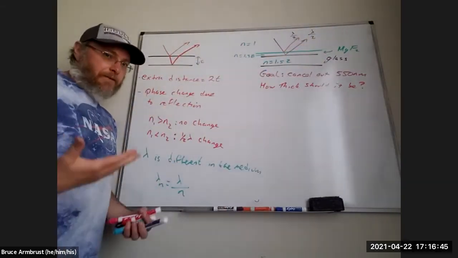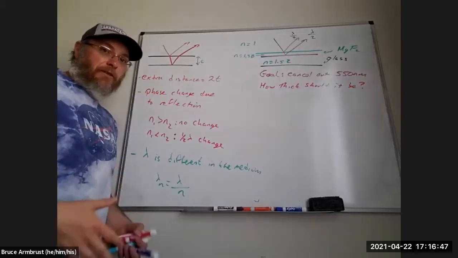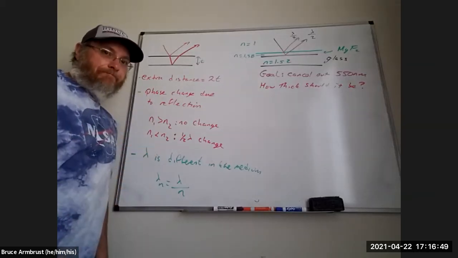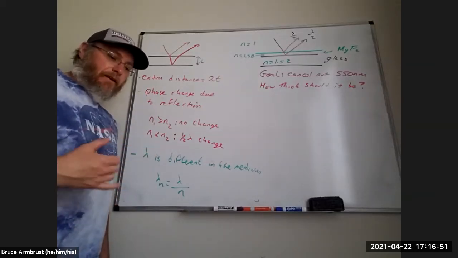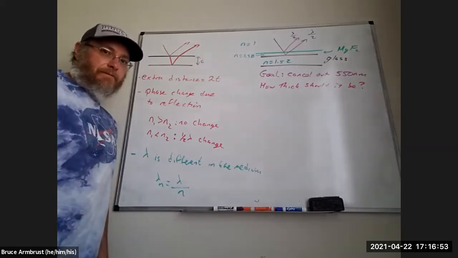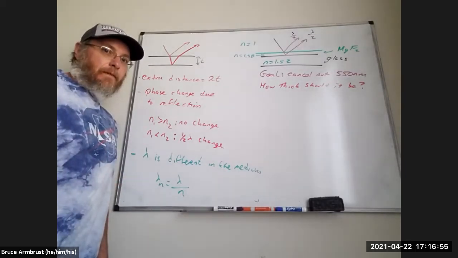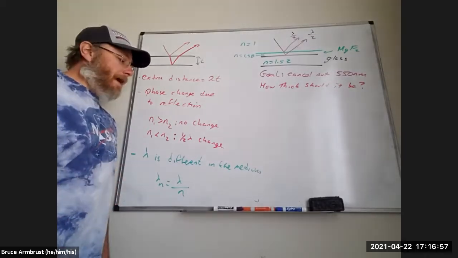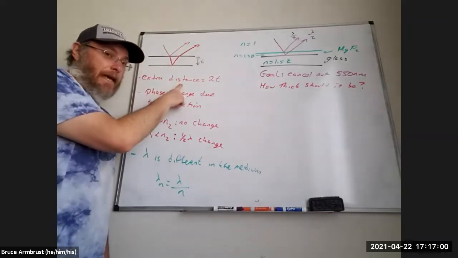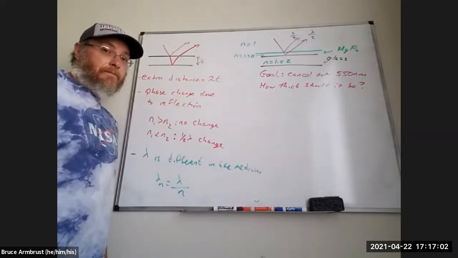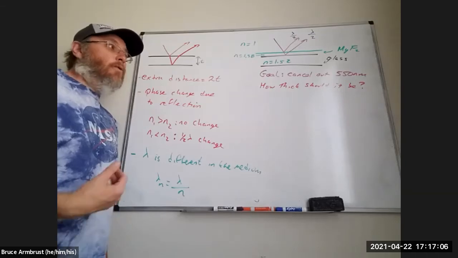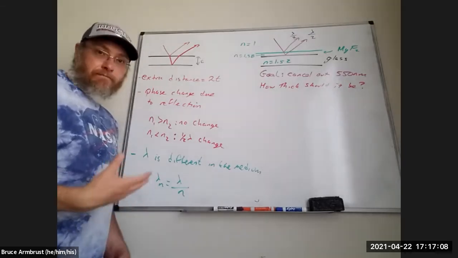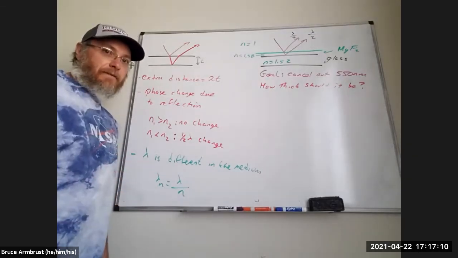So basically, here's the way to think about it. The reflections don't do anything in terms of constructive or destructive. The only thing that's going to matter then is that extra distance. The extra distance is what causes the destructive interference.